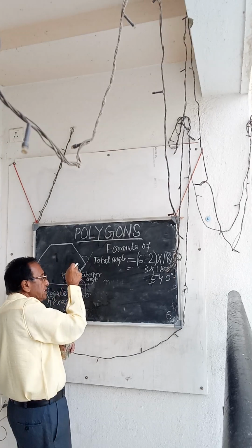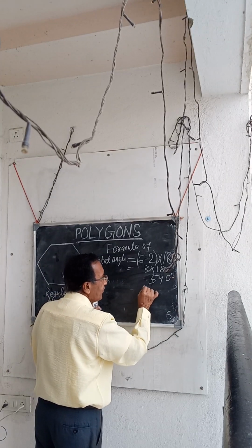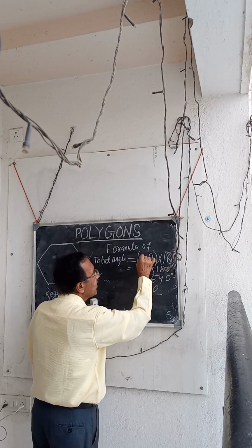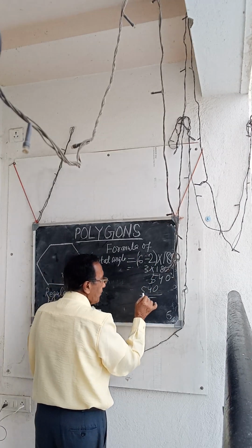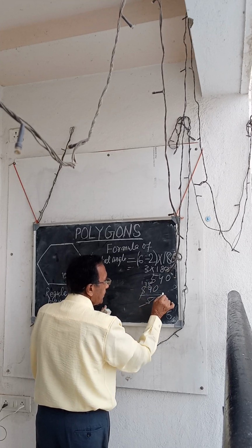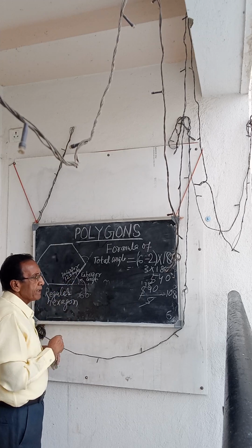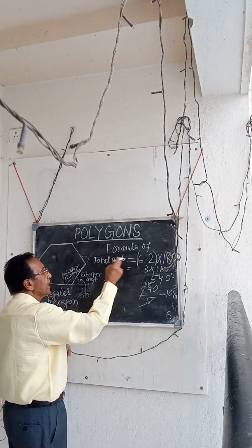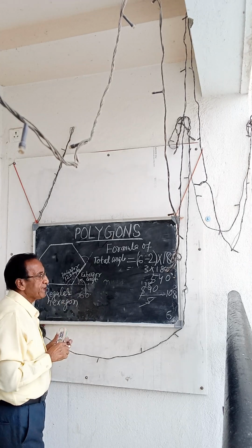And for each interior angle, 540 divided by number of sides 5 is 108. Each interior angle will be 108 degrees for a regular pentagon. So 2 examples I have taken.